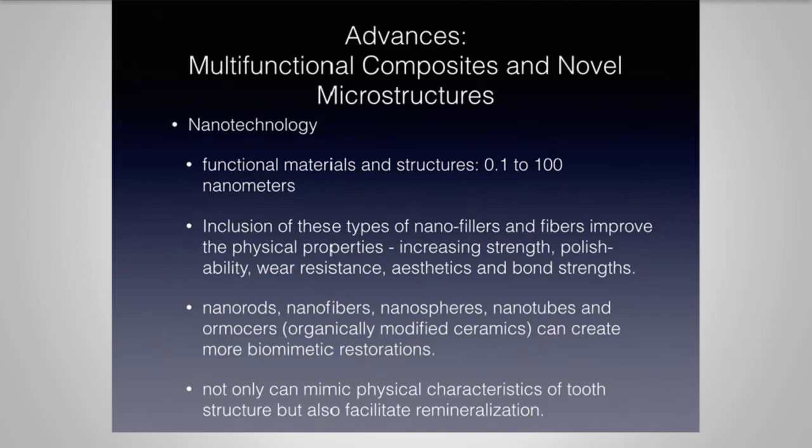Some of these nanostructures are called nanorods, nanofibers, nanospheres, nanotubes, and the most interesting one are the armospheres, these organically modified ceramics. These can all be used to create these biomimetic restorations that will wear and act very much as close to the natural tooth structure as we can get in a composite restoration.